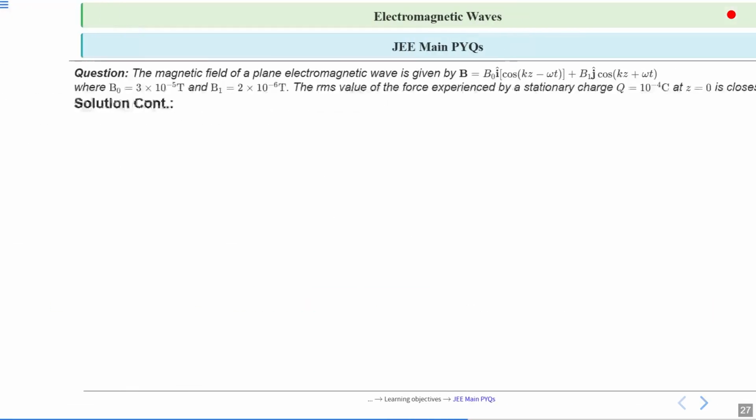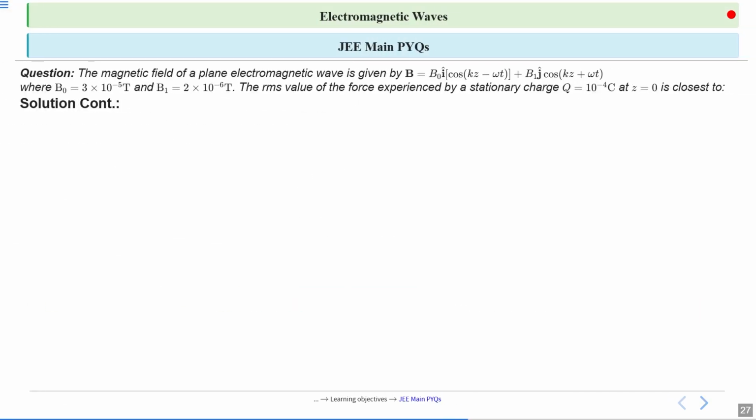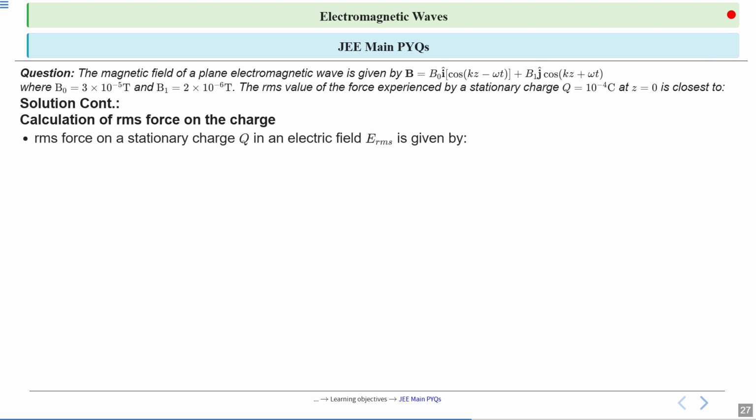Now we will calculate the RMS value of force experienced by the stationary charge. So RMS force on stationary charge Q in an electric field E RMS is given by, we know that F equal to QE. That is the generalized formula. If we are going to find the RMS value of force, F RMS will be equal to Q into E RMS.